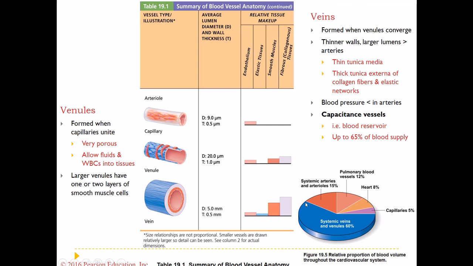So you can see the largest amount of blood at any given time is in your venous system. So they're our kind of reservoir or reserve of blood, so our capacitance vessels.